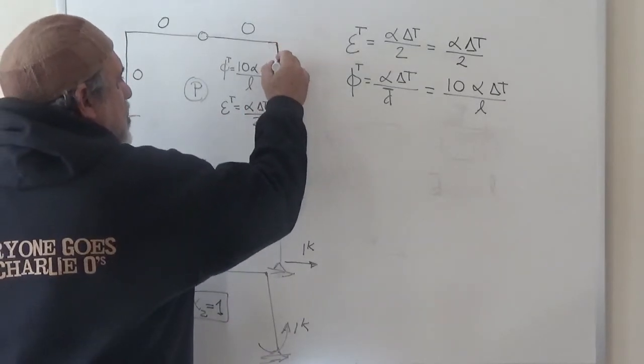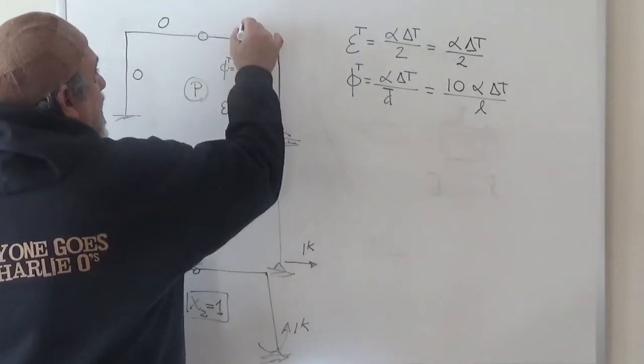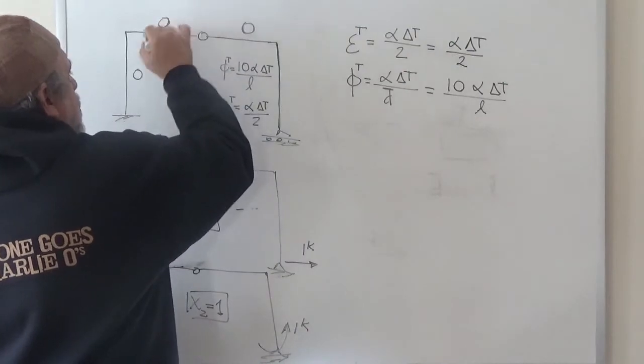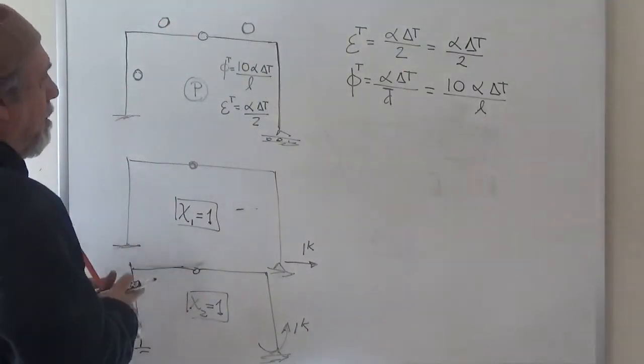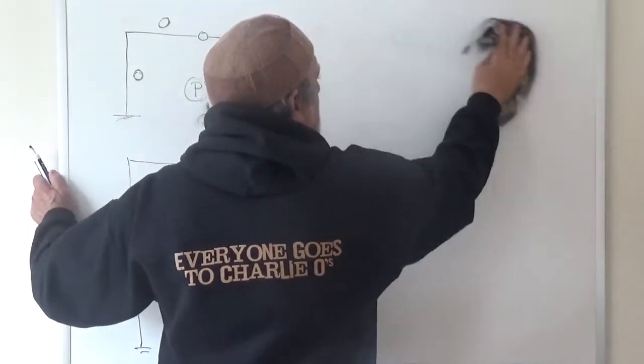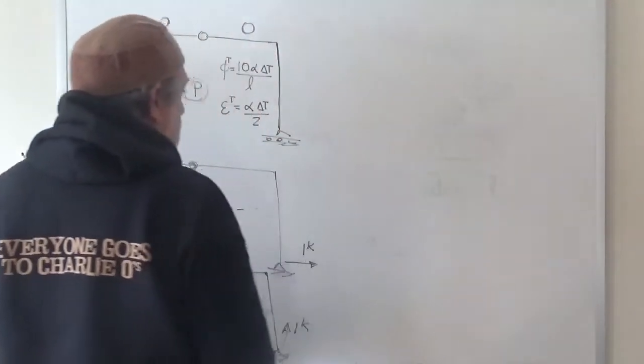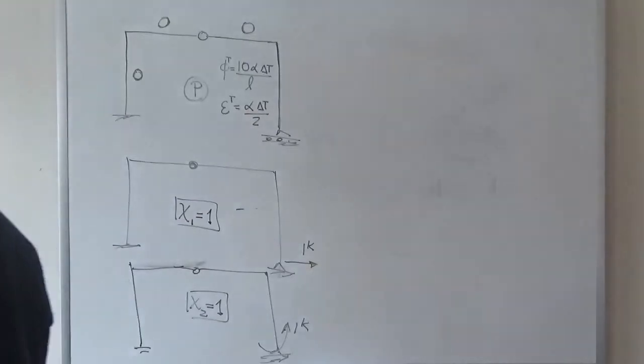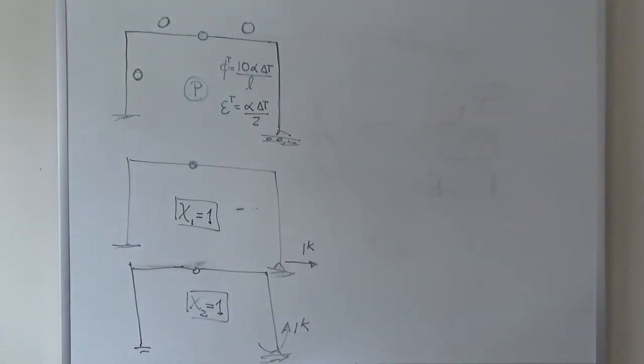They apply to this column. Everywhere else there is no curvature and there is no strain due to temperature, right? So I can erase this from here, give us our little bit of space, not much, but we have that. So that's our P sketch.